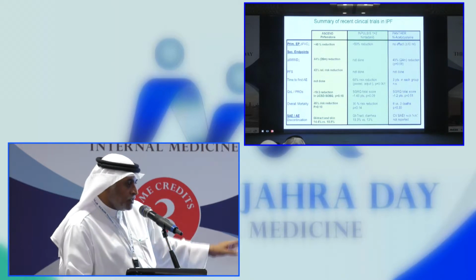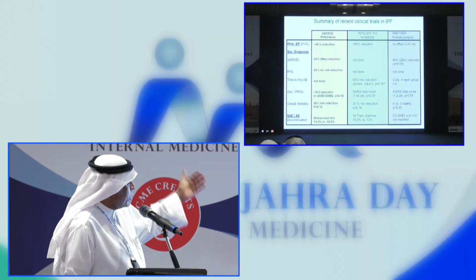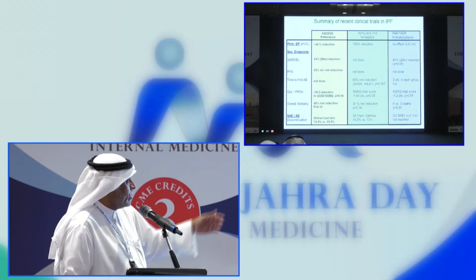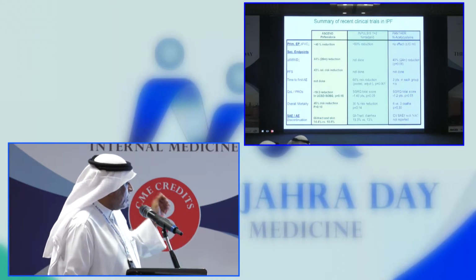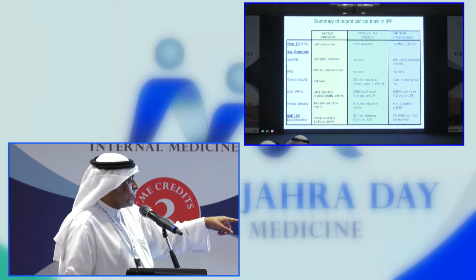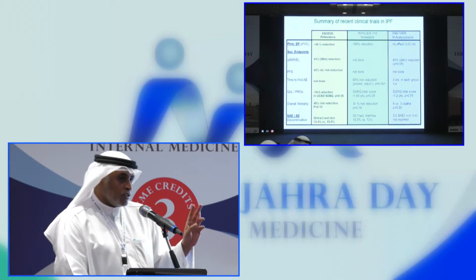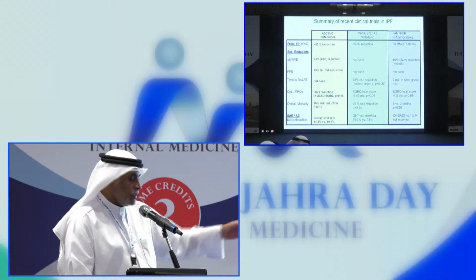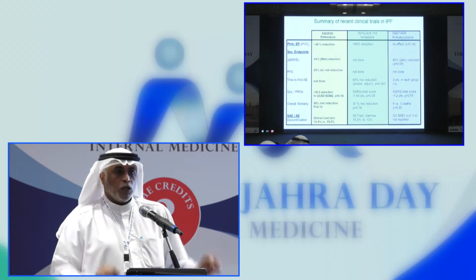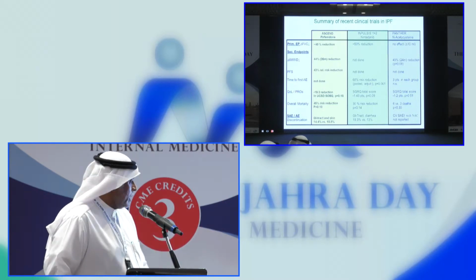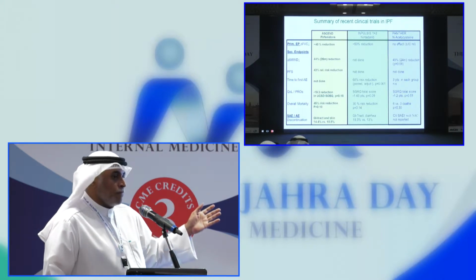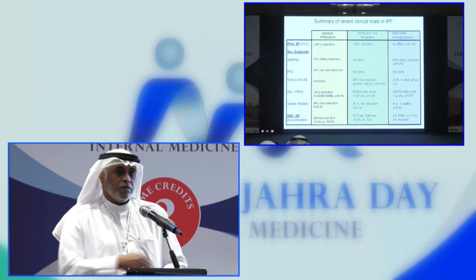The other parameters showed improvement in 6-minute walk test and progression-free survival, and time to first exacerbation more with INPULSIS, and the overall mortality more with pirfenidone. The INPULSIS 1 and 2 pooled data, I know it's written here as 30% risk reduction, but when we looked at the data, the mortality effect was under question. The main side effect for pirfenidone is skin hypersensitivity.